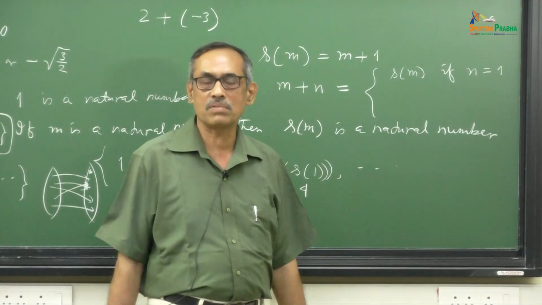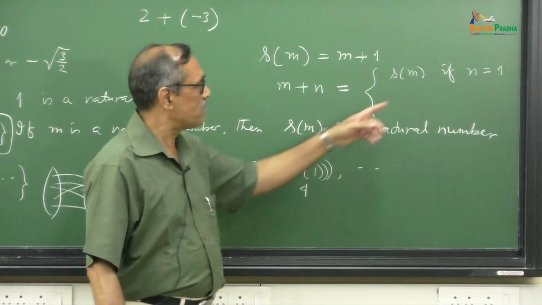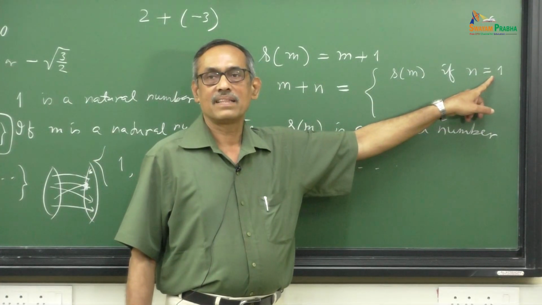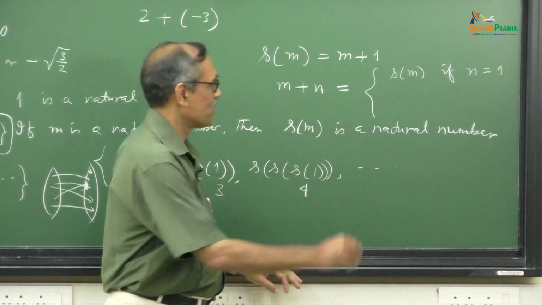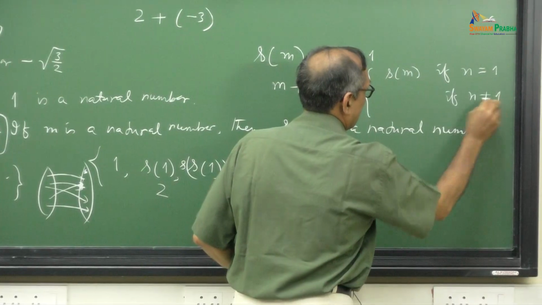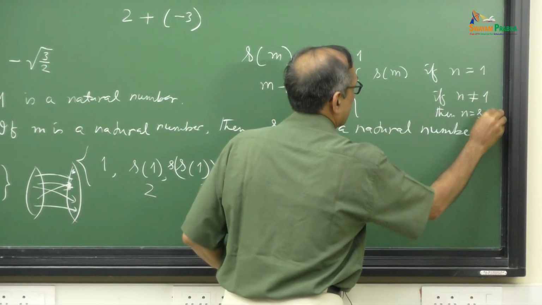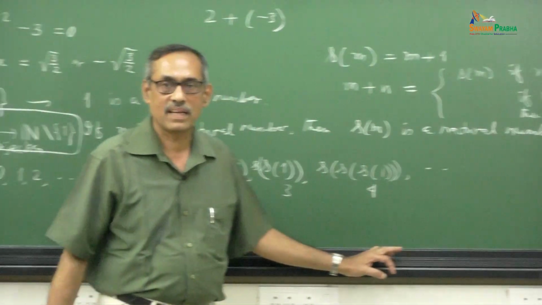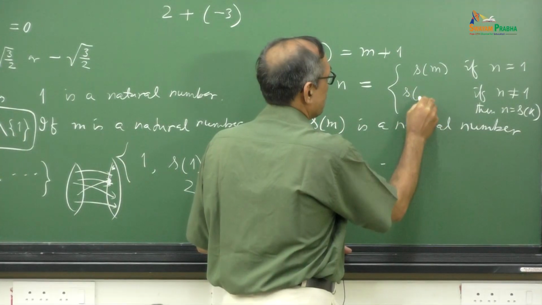What is the next thing we have to do? From this we have to generate others. If n is not equal to 1, then n equals s of k for some k. So we write that m plus n is equal to s of m plus k.